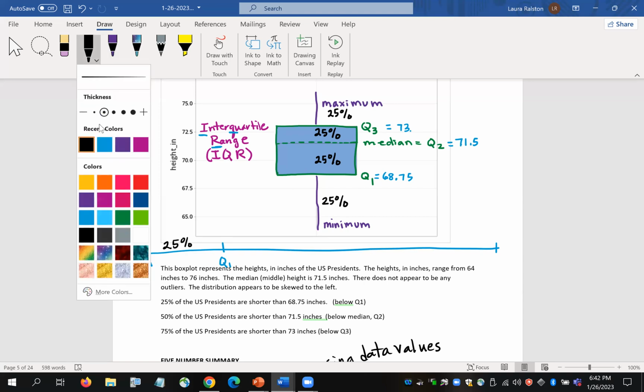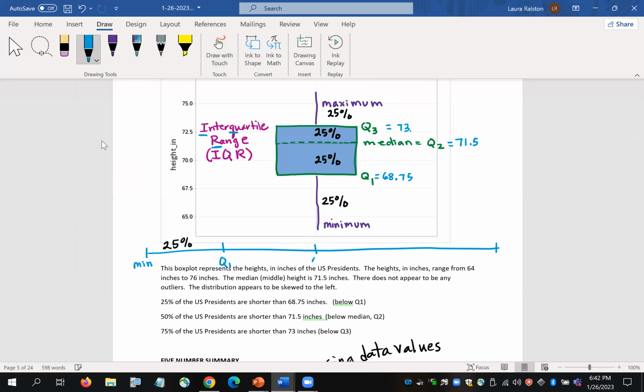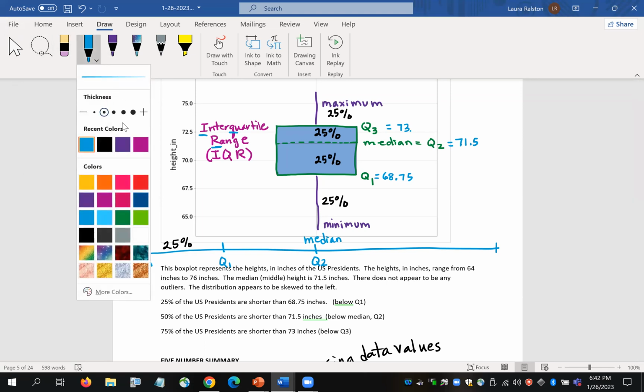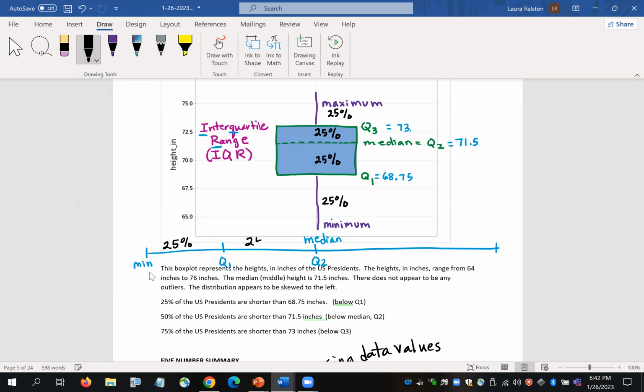If I go on out to Q2, which is the median, between Q1 and Q2 is an additional 25%.